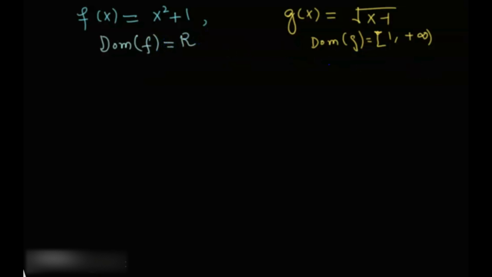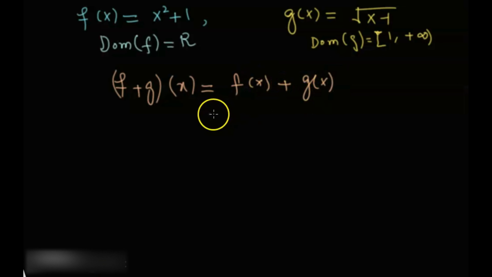First we need to define their sum, f plus g. The sum is f of x plus g of x, which is x square plus 1 plus the square root of x minus 1. Now you can ask me what is the domain of this sum.